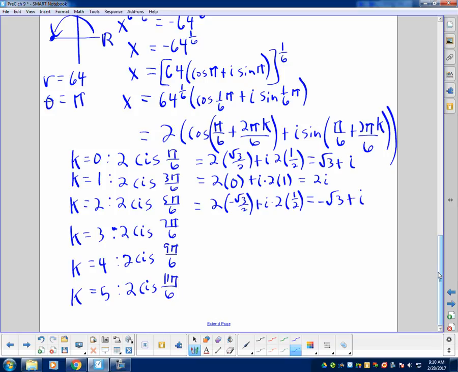Okay, what's cosine of 7 pi over 6? Also negative root 3 over 2, plus i times 2 times, this time, negative 1/2. I bet from this point you could fill out the rest. Watch this. This is equal to negative root 3 minus i.